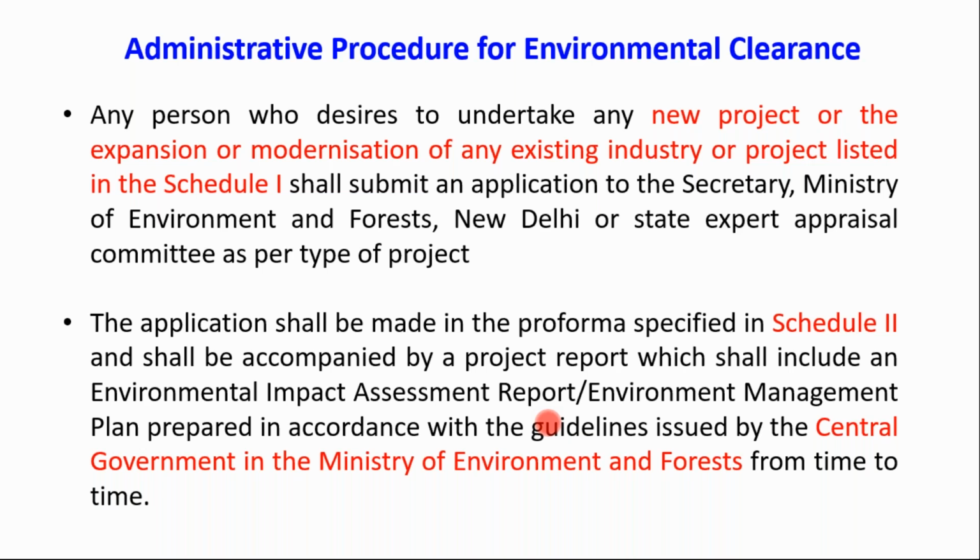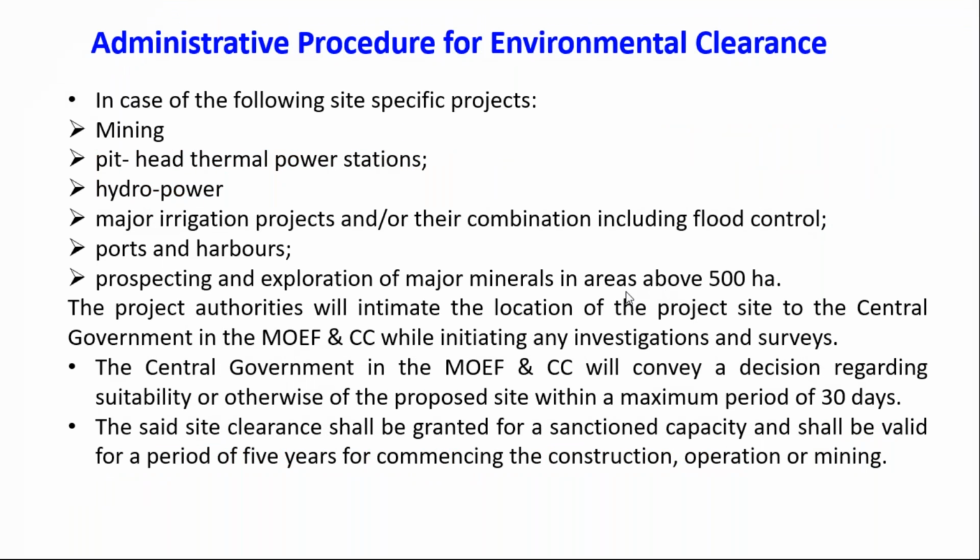So under the central government and MOEF, Schedule 2 gives the contents of the EIA report, that is Environment Impact Assessment Report, or Environment Management Plan, that is EMP. These are the Schedule 1 and Schedule 2 contents of this environmental clearance activity.